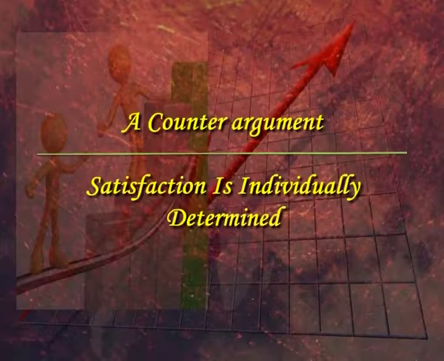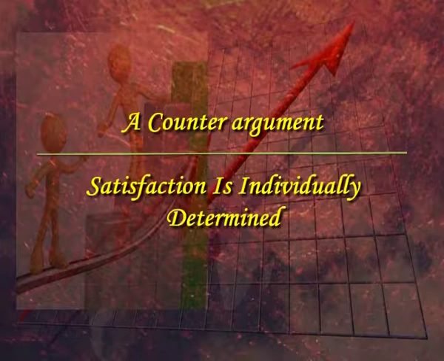Now, let us see a counter argument: satisfaction is individually determined. The notion that managers and organizations can control the level of employee job satisfaction is inherently attractive. It fits nicely with the view that managers directly influence organizational processes and outcomes.